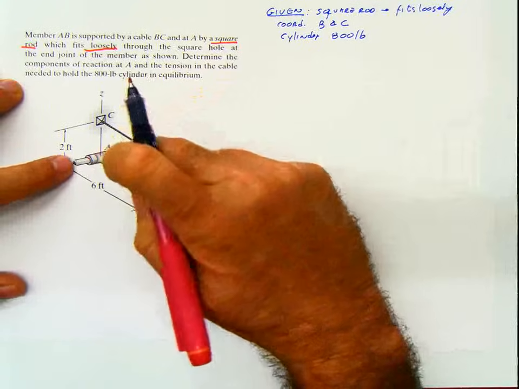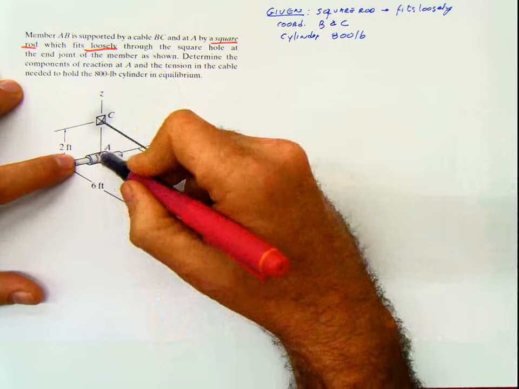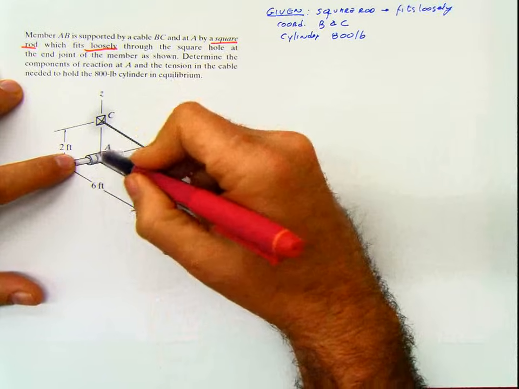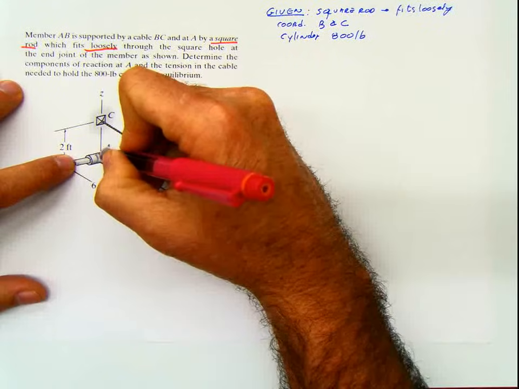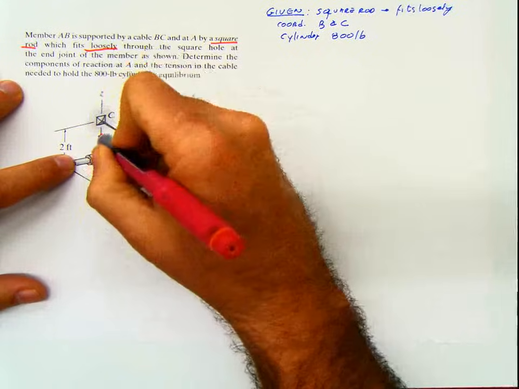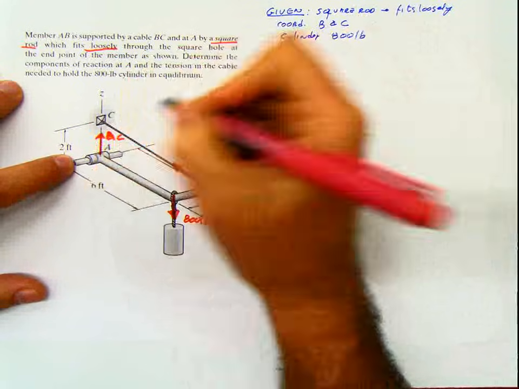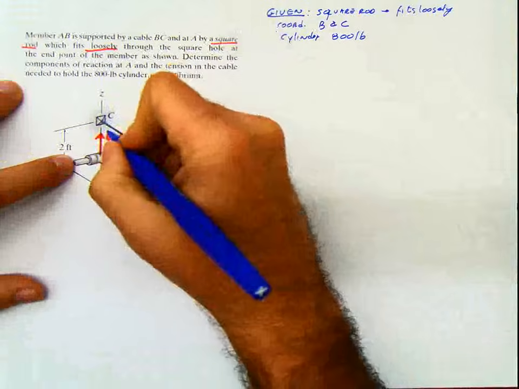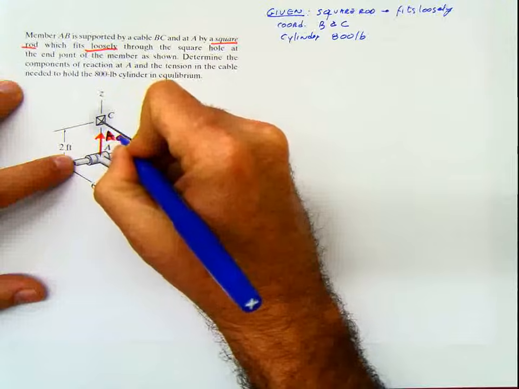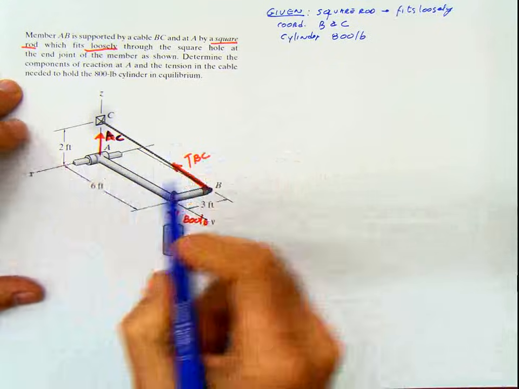This structure is held by this square rod here. So at point A, that rod is preventing the movement in the direction Z. That's why we are going to put a reaction at Z, and this is going to be called AZ. What about the X direction?